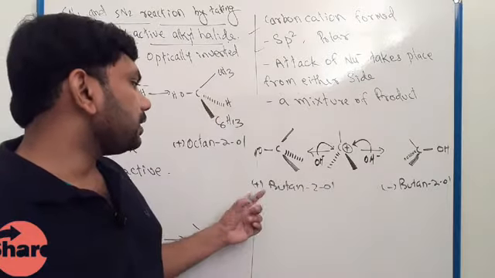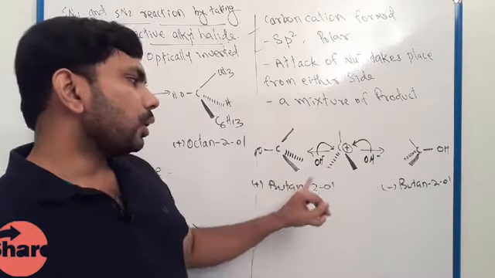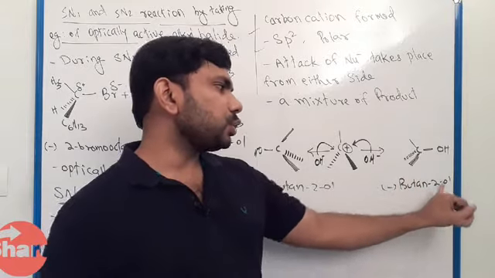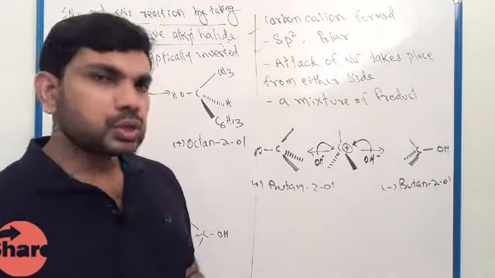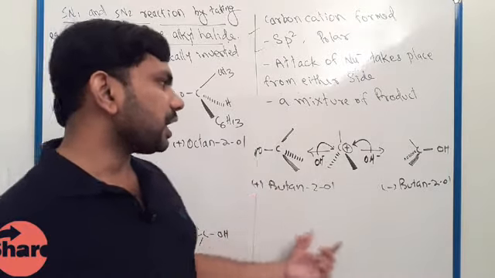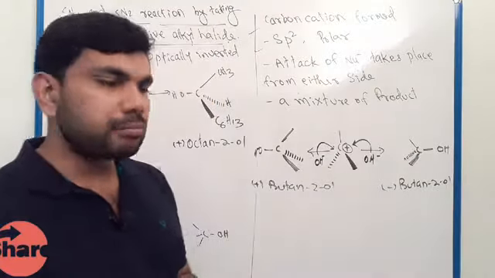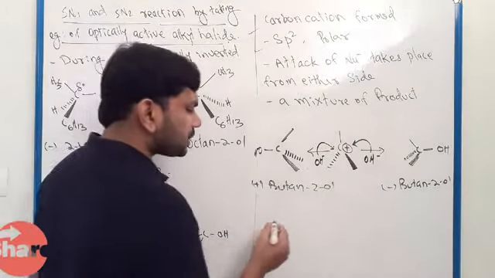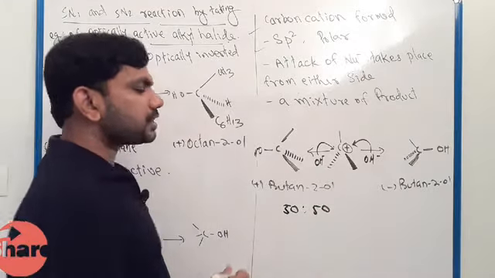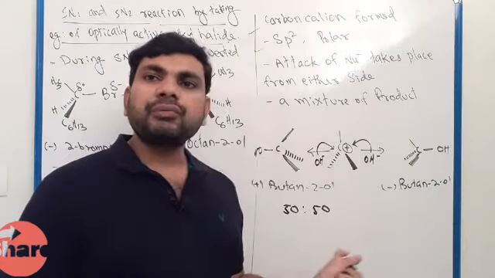Here this is dextro-rotatory butan-2-ol, and this is levo-rotatory butan-2-ol. So a dextro-rotatory product and a levo-rotatory product are formed in the same reaction. This is a 50-50 product, 50% dextro-rotatory and 50% levo-rotatory.